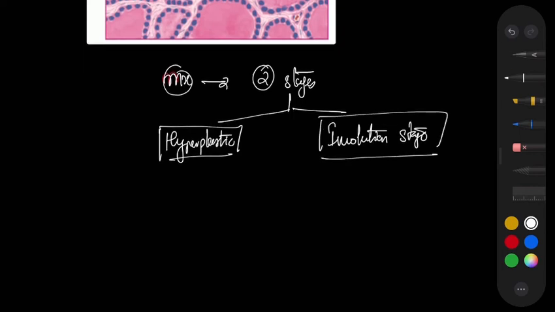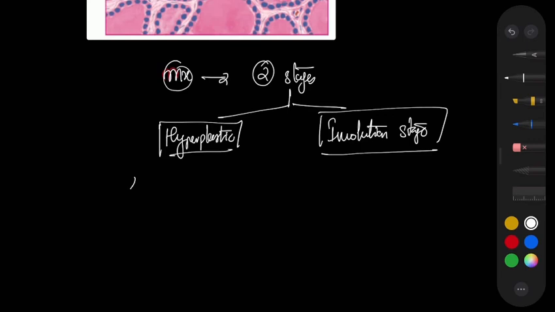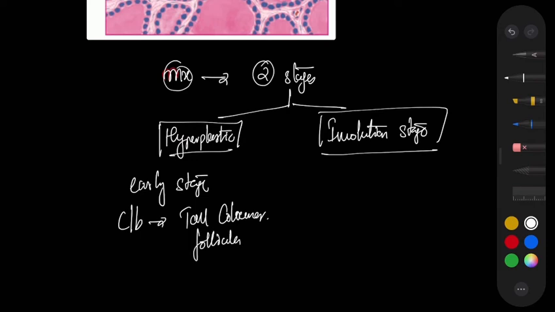So what do we see in the hyperplastic stage? This is an early stage, which is characterized by tall columnar follicular epithelium and papillary enfoldings.